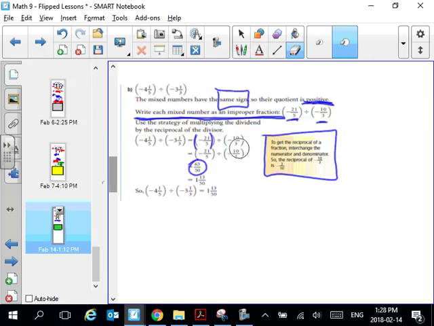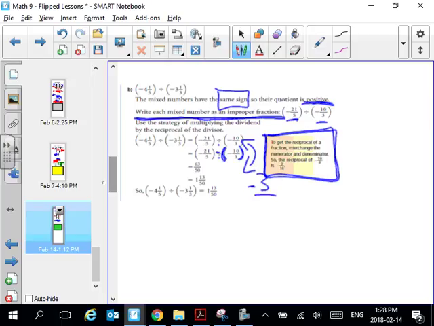So the second method, as shown here, is that we basically take our second number, and even though we're dividing, what we're going to do is reciprocate it. That's why I boxed up this box over here. So we're going to flip it upside down. So that gives me -3/10.